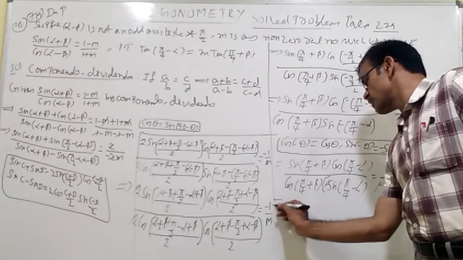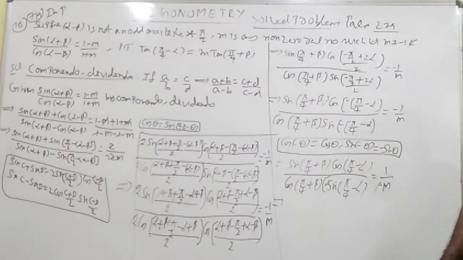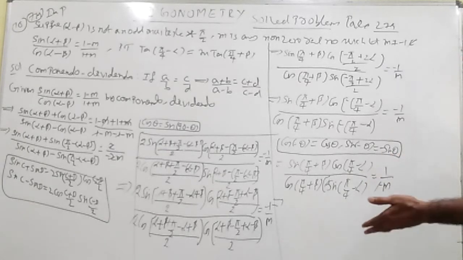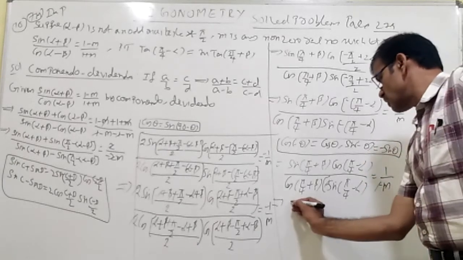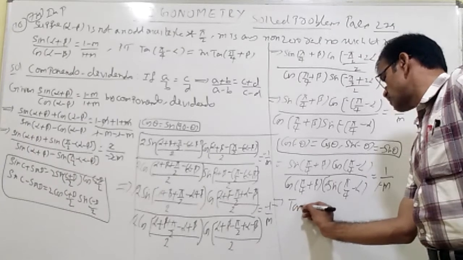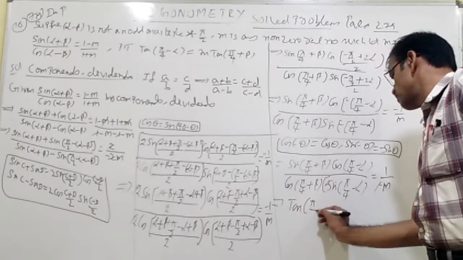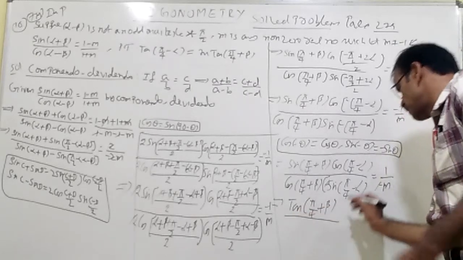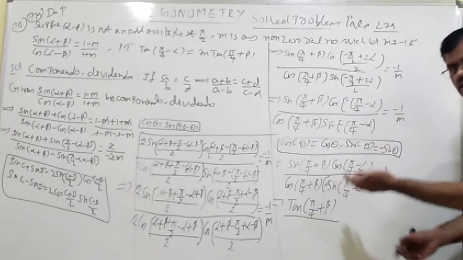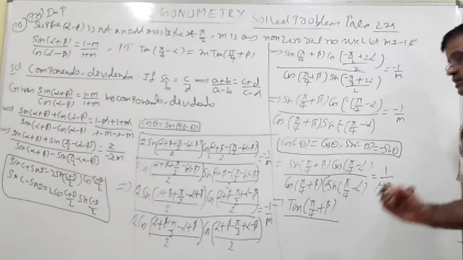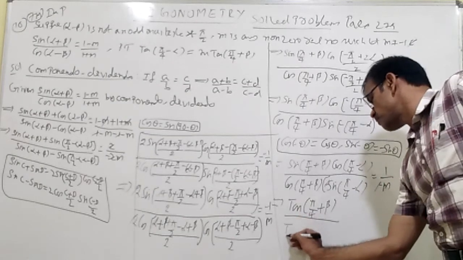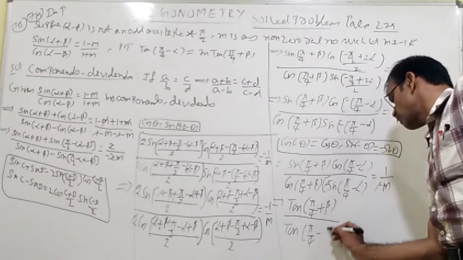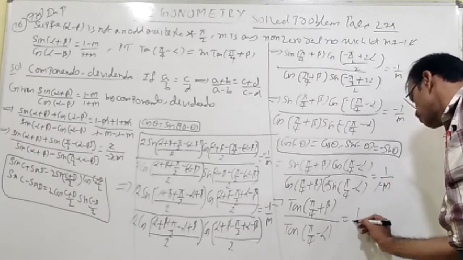Now you can understand the value, sin theta by cos theta is tan theta, and cos theta by sin theta is cot theta. Otherwise, you can write like this directly, tan of pi by 4 plus beta by, because this cos taken down, it becomes sin by cos. Sin by cos term will become as tan pi by 4 minus alpha is equal to 1 by m.